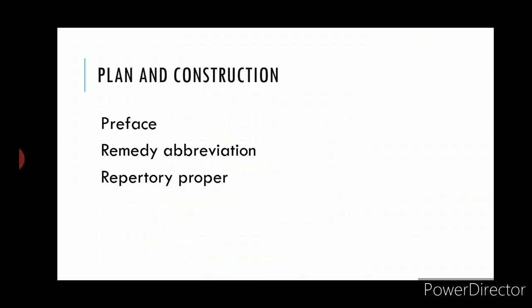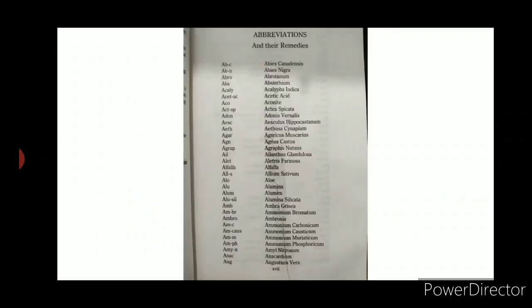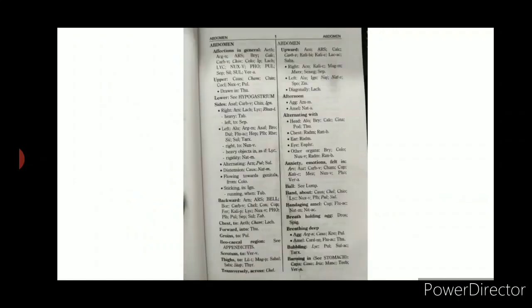And lastly we have the repertory proper part. This is the list of abbreviations. From here the main portion of the repertory starts. The first rubric of this repertory is abdomen, and the last rubric is zygoma.